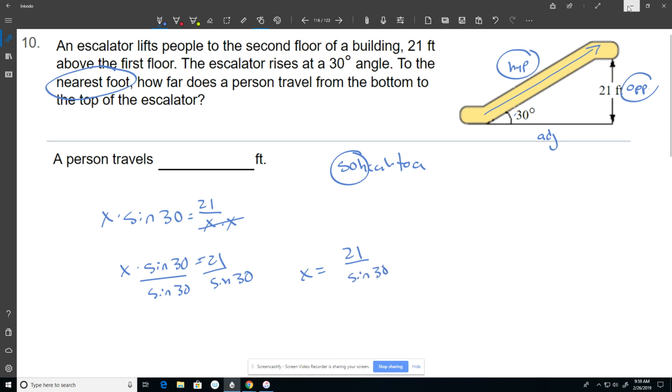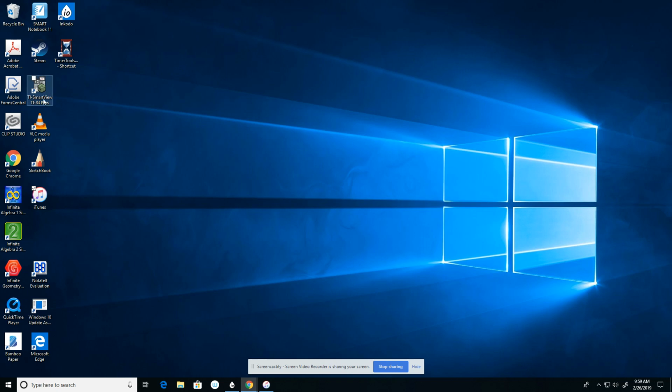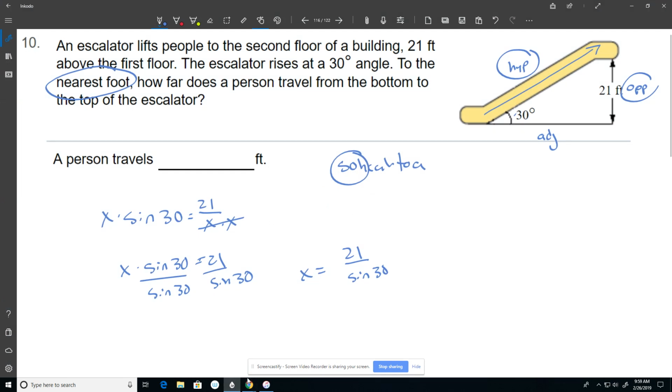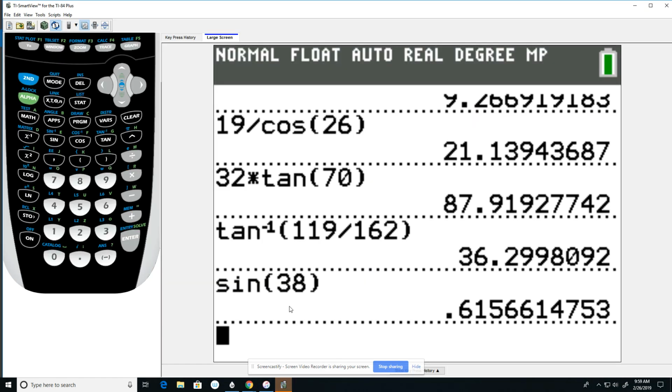And you're going to go ahead and plug that in just like it looks right there on the screen. Give me just a sec. This will pull up 21 divided by sine 30. Be careful. A lot of times here you forget that you can't just divide by 30 to make the sine go away. You have to divide by the whole thing because I want to move all of sine 30 to the other side.